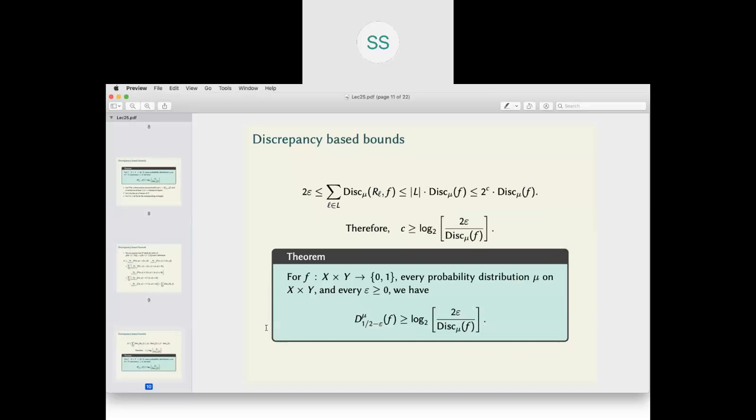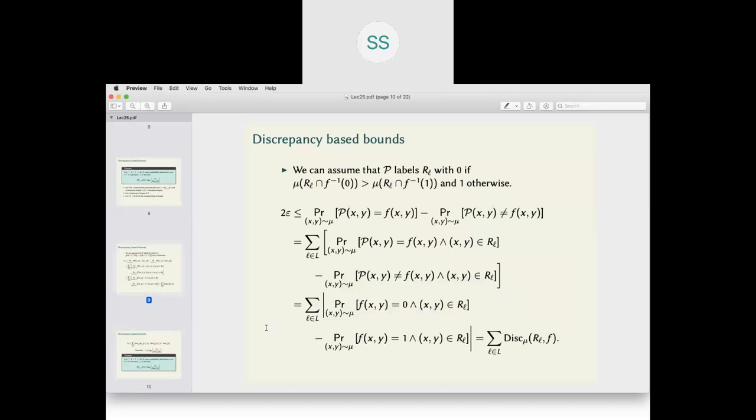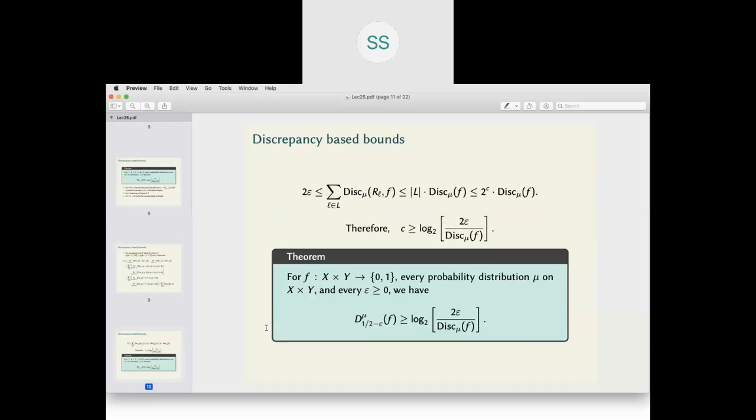So the first inequality is the same as what we just showed. 2 epsilon is at most the summation of the discrepancies over all the leaf rectangles. Now, there are L terms in the summation, and each of these L terms is a discrepancy of f on RL.